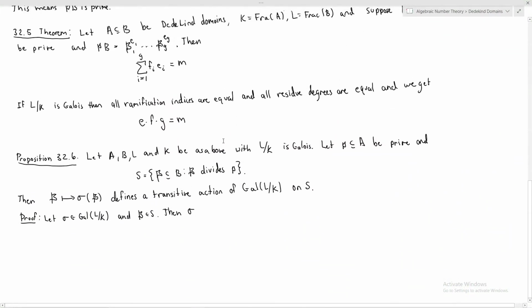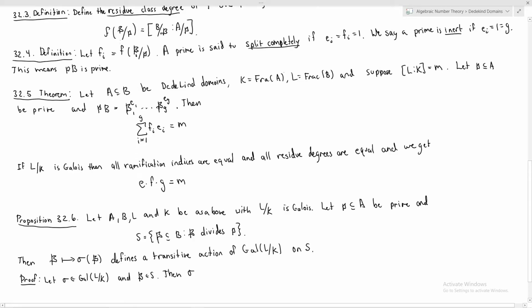Okay, that was exciting. Okay, so let's just state this for number fields for now. We'll worry about what generalizations we can do later. So let L and K be number fields with rings of integers B and A respectively.